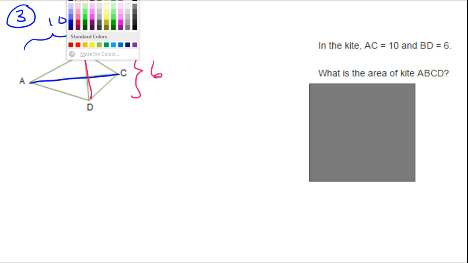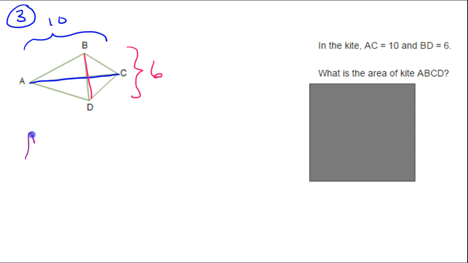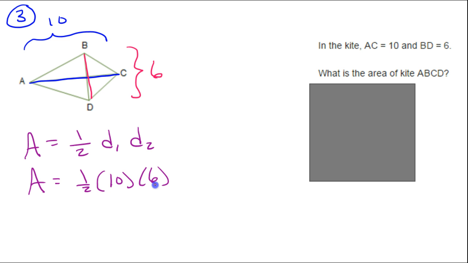We know the formula for the area of a kite is 1/2 diagonal 1 times diagonal 2. It doesn't matter which one you call diagonal 1 and which one diagonal 2, but it'll be 1/2 times 10 times 6. Half of 10 is 5. 5 times 6 is 30. So it should be 30 square units.